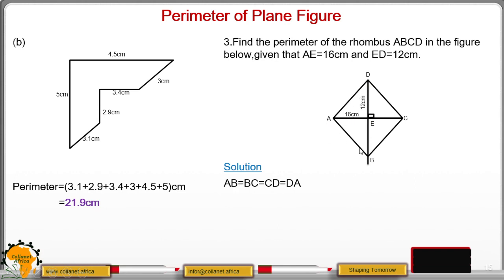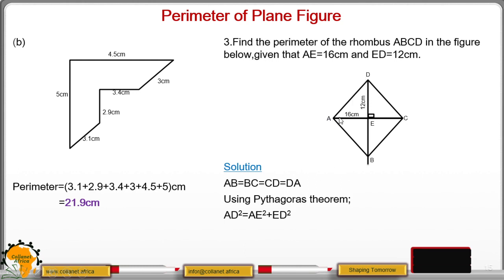AD or AB will be equal to BC is equal to CD is equal to DA because it is a rhombus. A rhombus has all its sides equal. So if we are able to get one side, then we can just multiply by 4. So using the Pythagoras theorem, we are considering this right-angled triangle. We are given this part and we are given this part, so we are supposed to get the hypotenuse.